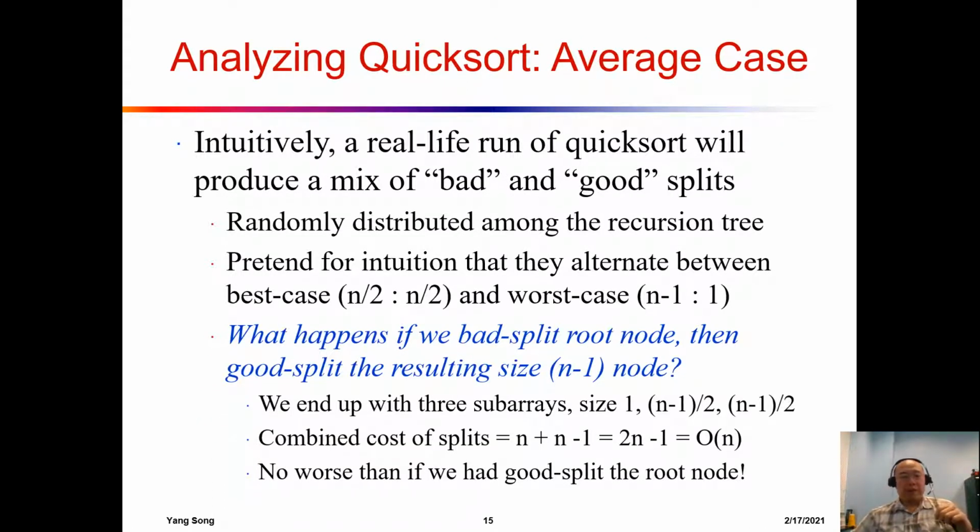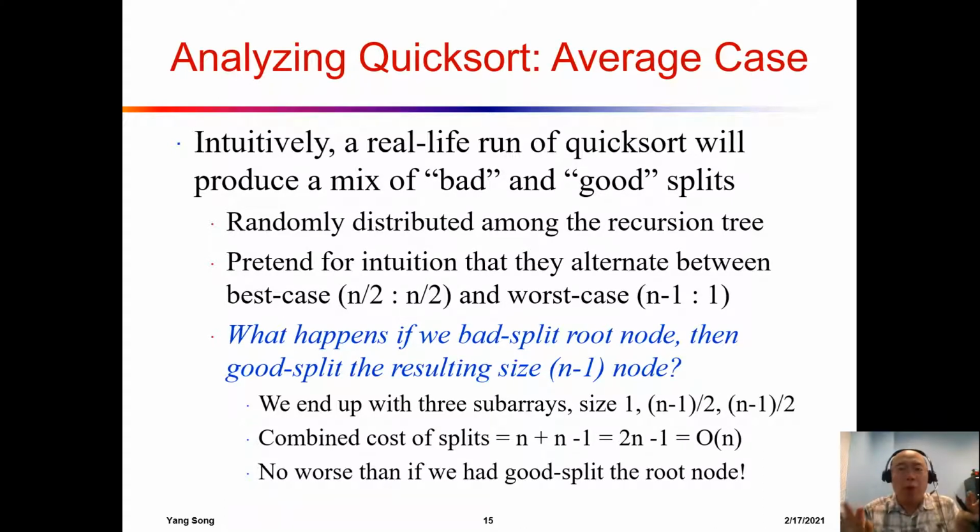Okay, so let's move on. But if we want to do a formal, really rigorous analysis of the average case, we have to consider all the possibilities. Some could be very bad or very good. For the real case scenario, we don't know. It could be 3% versus 97%, or 41% versus 59%.